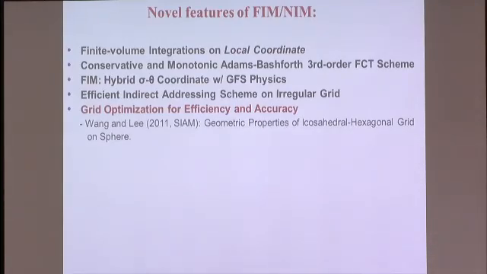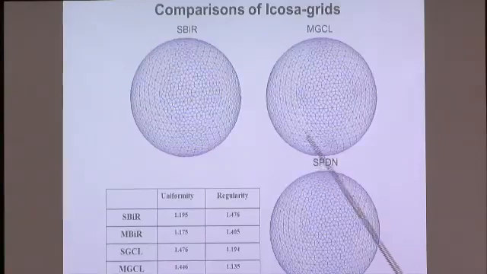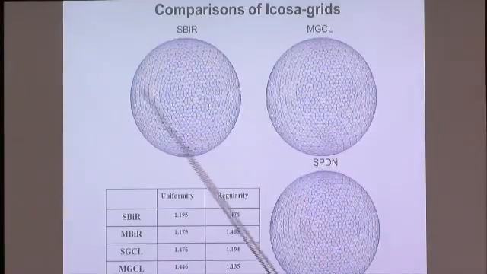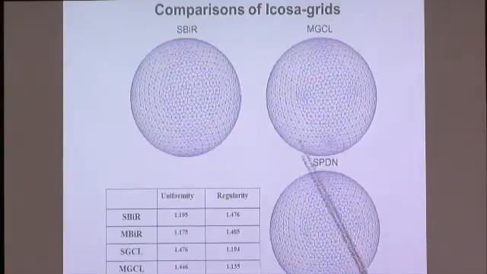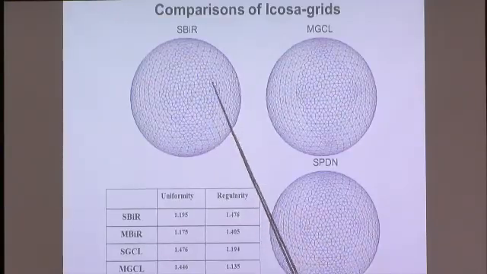And then we also look at grid optimization for efficiency and accuracy. For this study, my primary interest is to understand what spring dynamics does. So this grid is a standard icosahedral bisection scheme. You can see this standard icosahedral grid.